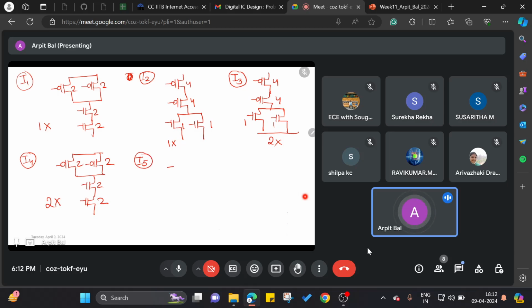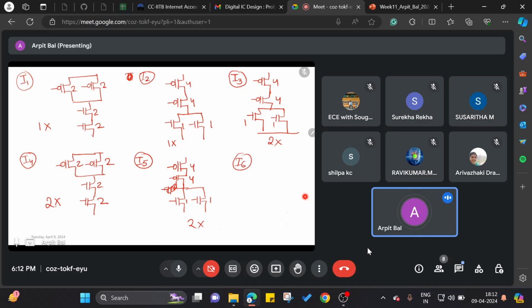Next I5, drive strength is 2x. Last is I6.